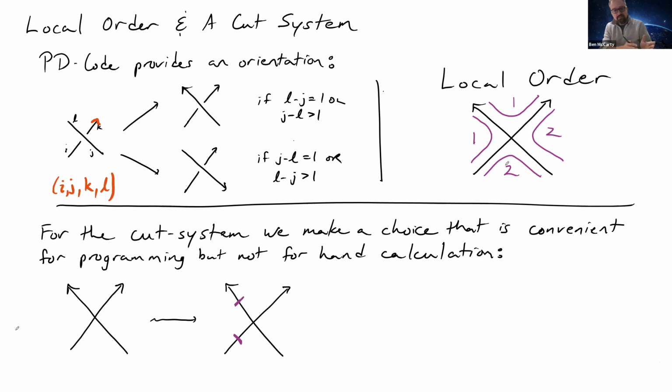Now, this is where we're going to deviate from Dasbach and Kaufman. Dasbach and Kaufman, if you remember, at each classical crossing put a source-sink orientation, and then only put in cut points when the source-sink orientation is inconsistent on an arc. What we're going to do is put cut points on the left-hand side of every classical crossing. You could think of this as a source-sink orientation, right?